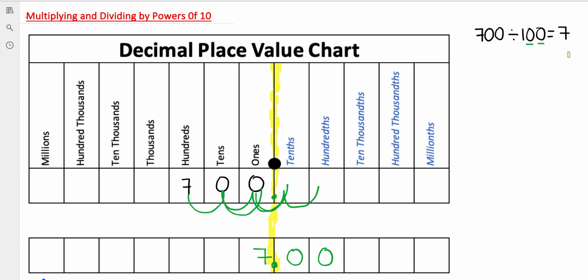Okay, so if that's true, when I'm going to divide a decimal, it must also be true. So let's do a decimal here. I'm going to do 5/10 divided by 1,000. I'm going to delete what I have here.